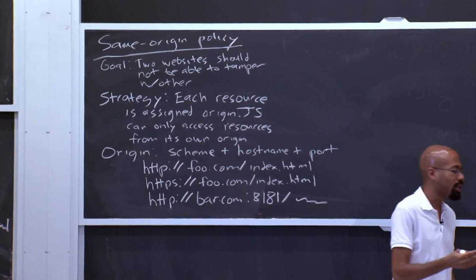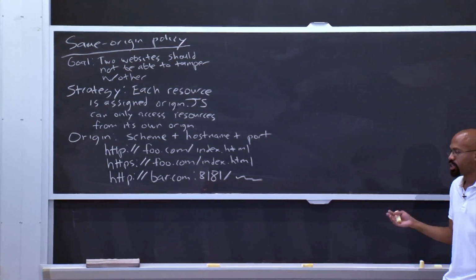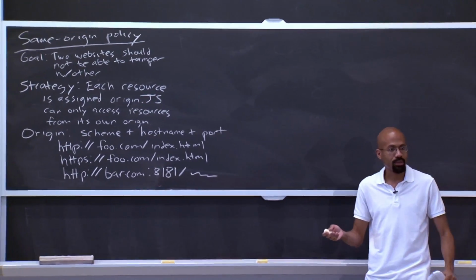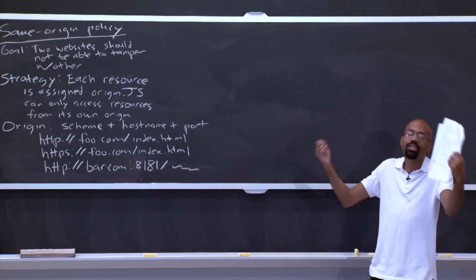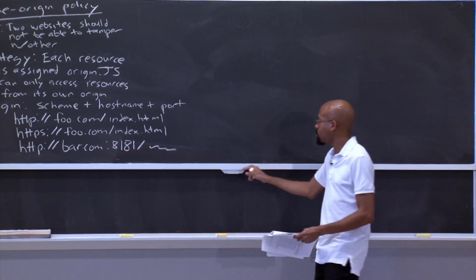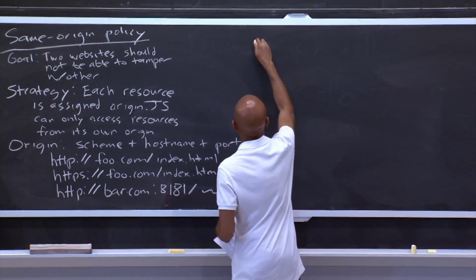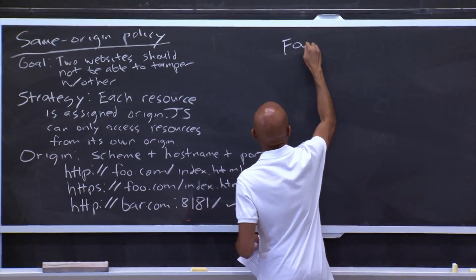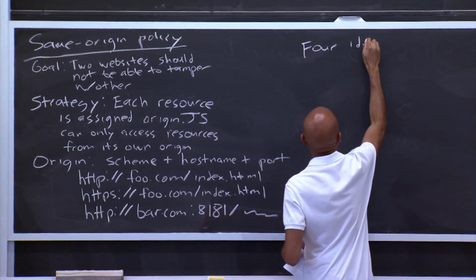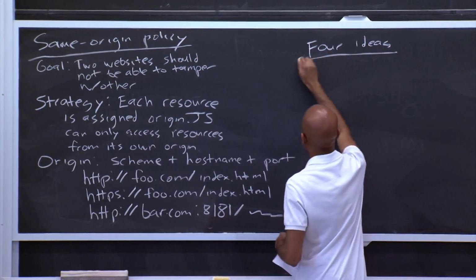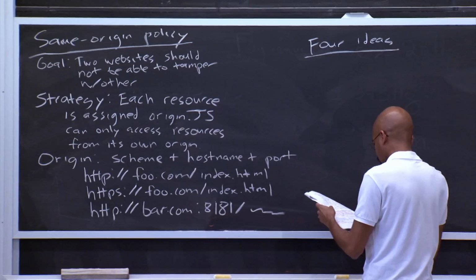Loosely speaking, you can think of an origin as a UID in Unix, with the frame being loosely considered like a process. There are 4 basic ideas behind the browser's implementation of the same origin policy.